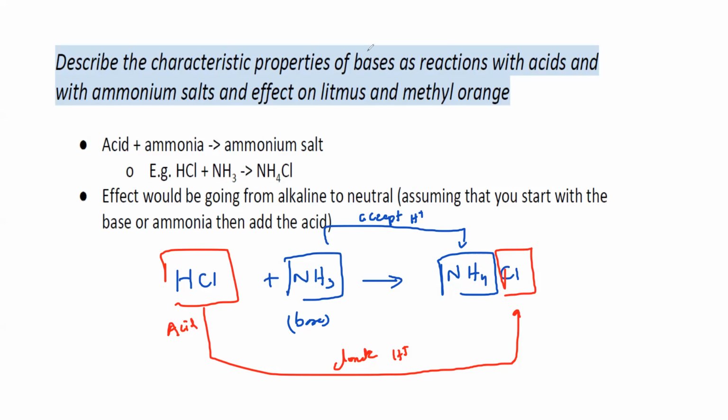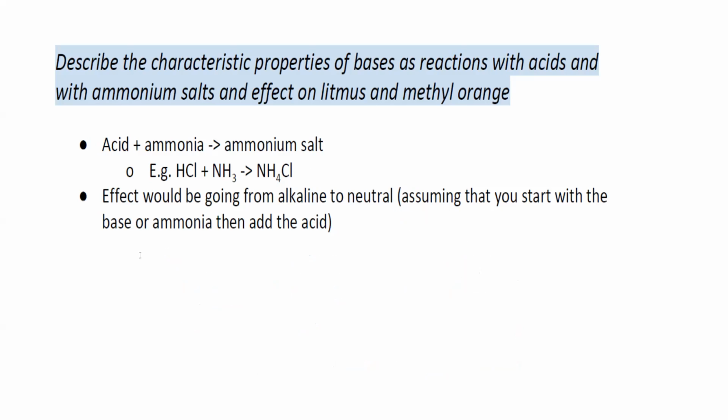There is also another definition of a base. A base is a proton acceptor, or we can also say an OH ion donor. If it accepts a proton or donates an OH ion, we also call that a base.